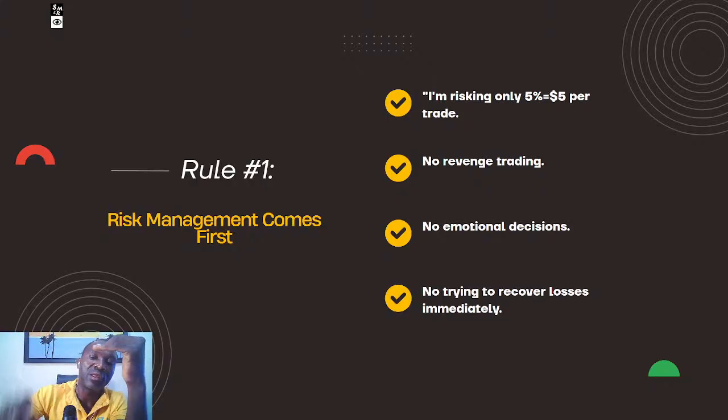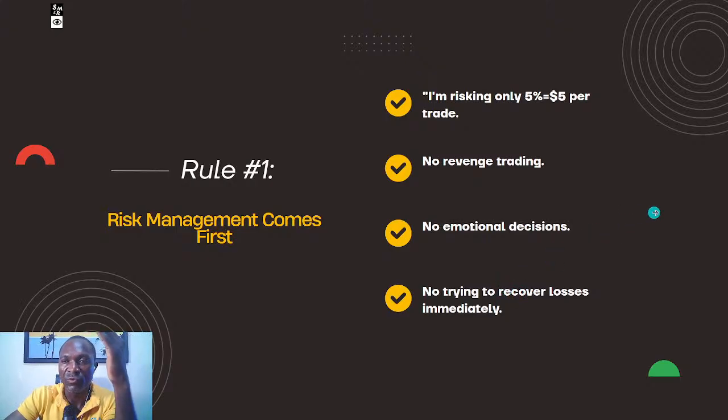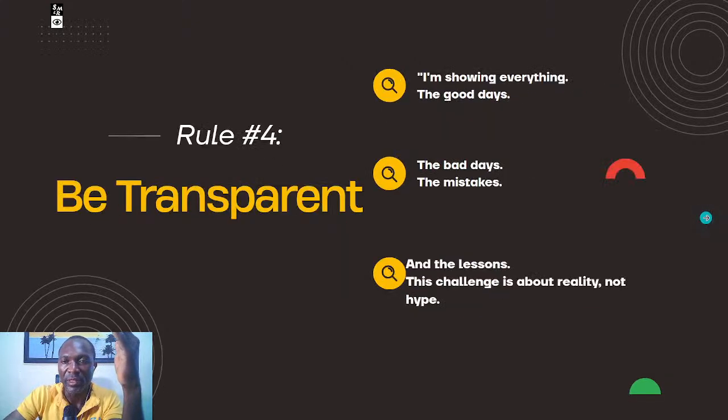So that is one. Then number two, we will not try to recover losses immediately. We are going to follow the process. We are going to follow the way we trade to see if it's working or not.